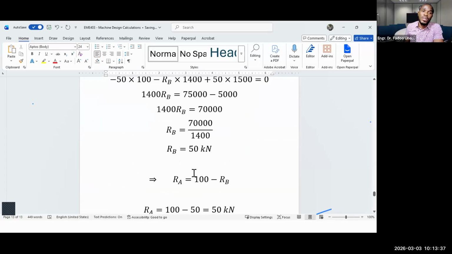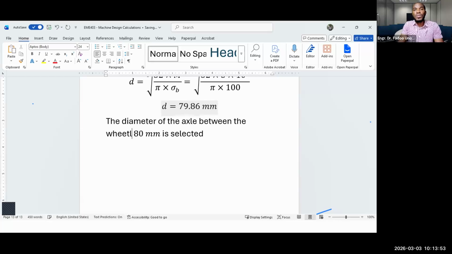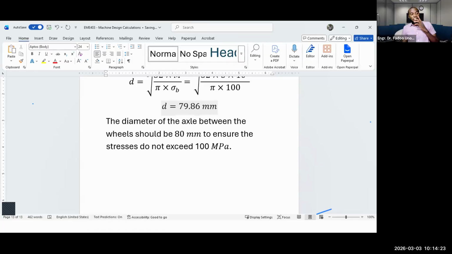And so we can write that the diameter of the axle between the wheels should be 80 millimeters, to ensure the moments or the stresses do not exceed 100 megapascals. Great.